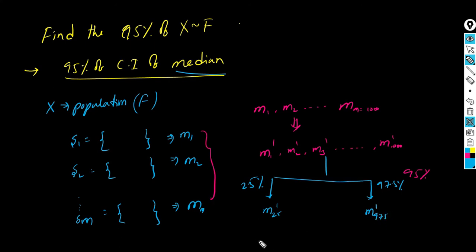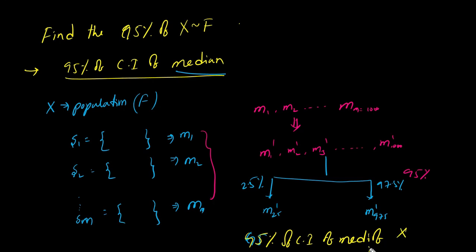The lower limit and upper limit of the 95% confidence interval of the median of the population data X are M dash 25 and M dash 975. These two values. This is the bootstrap approach.